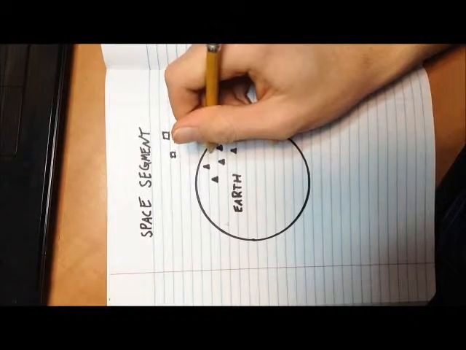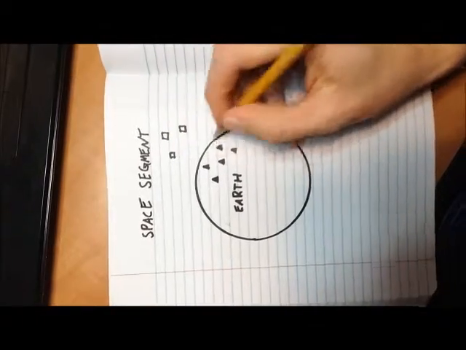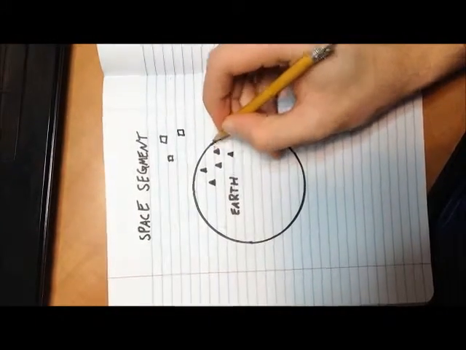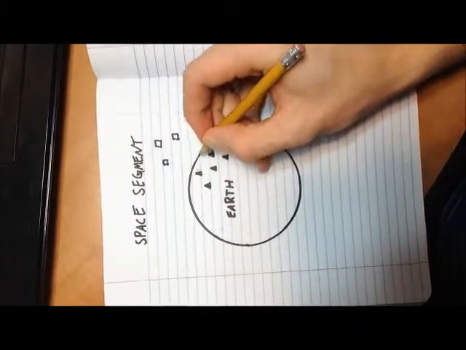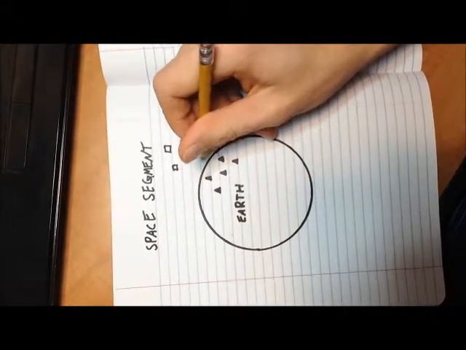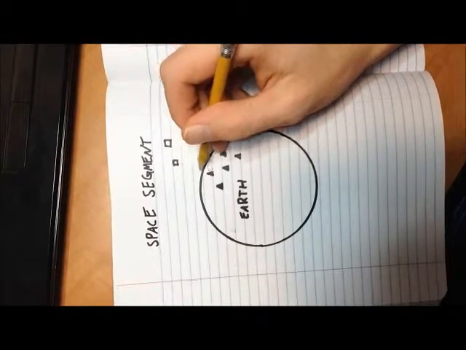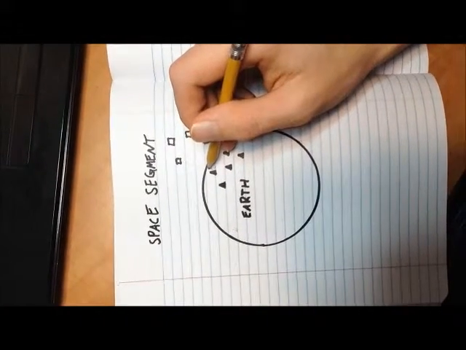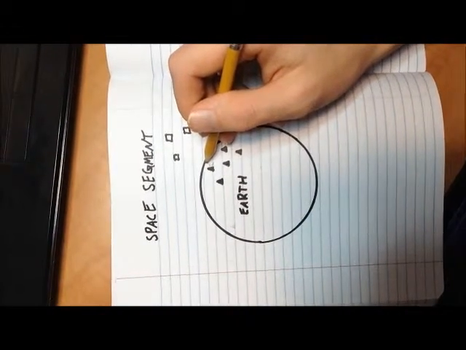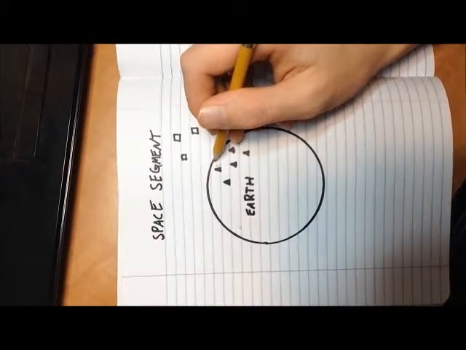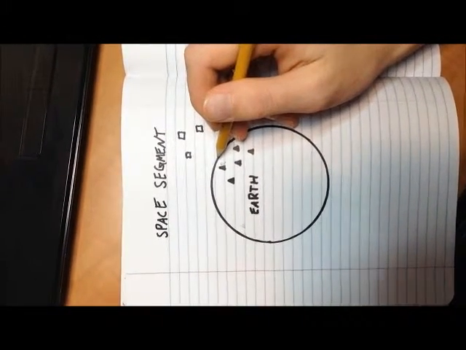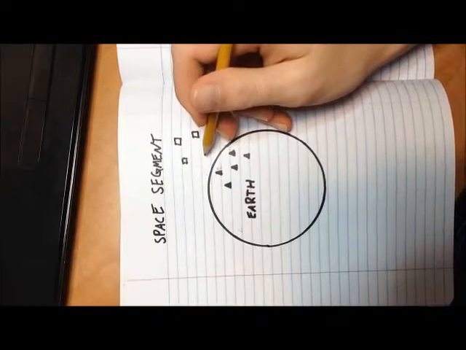I'll call this one a transmitter, T, and this one a receiver, R. The transmitter transmits to the satellite, and the satellite transmits it back to a receiver. The basic receiver does not include a transmitter, but the receiver determines its location by triangulation.